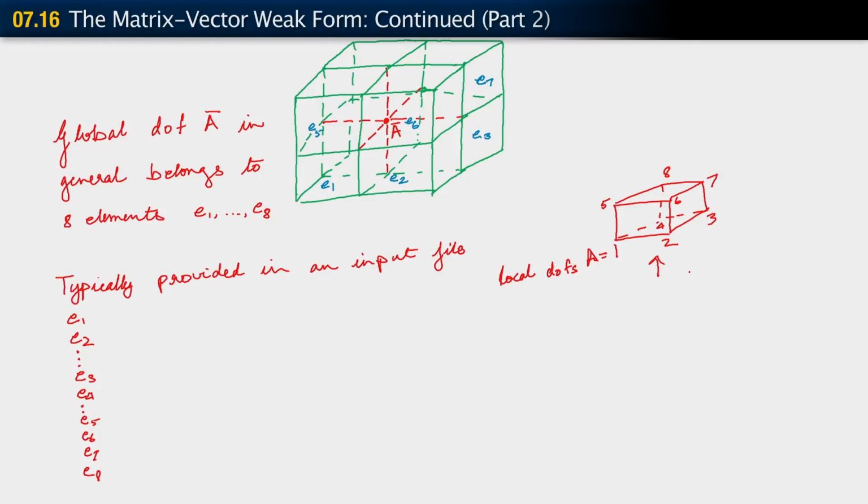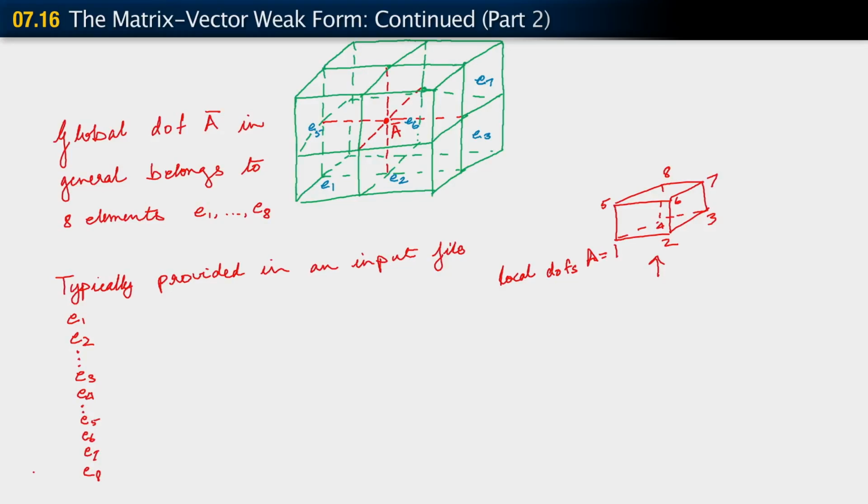Okay? As I speak, I see one more place where I've missed out an edge. Let me get that in here. It's this edge. Okay. All right. So for element E1, A bar is local degree of freedom number 7.